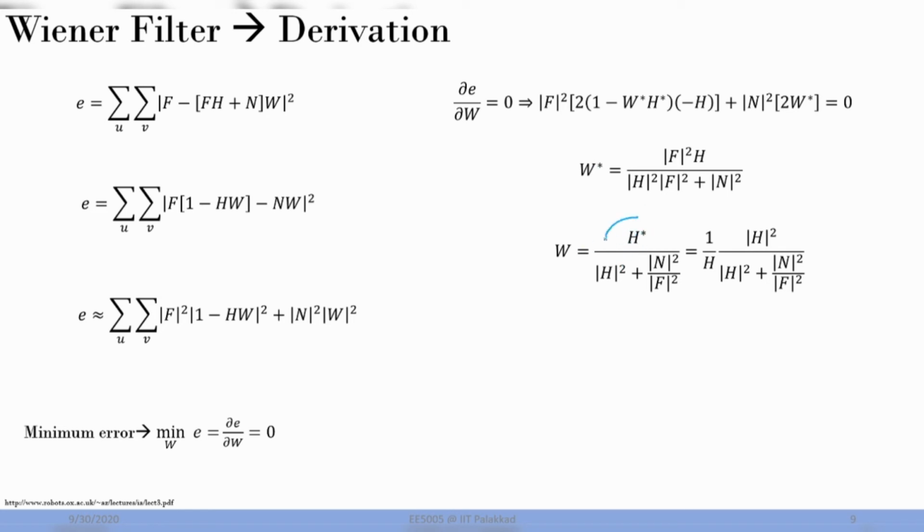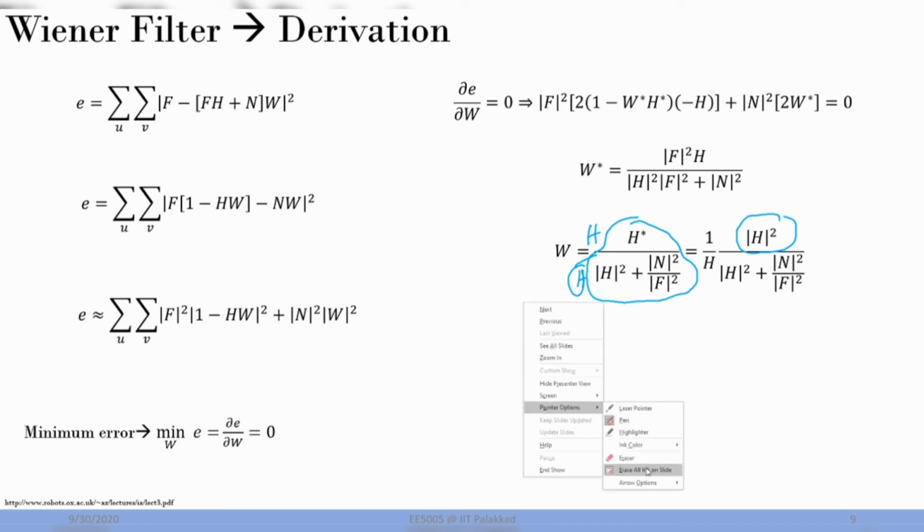So it's a very simple expression. This is what we have, and what I'm going to do is divide this particular factor, numerator and denominator, by H, okay. So H into H conjugate will become this, the square, and then this 1 by H will remain outside, and that's why this formula comes, and there is a reason why I put it in this form.